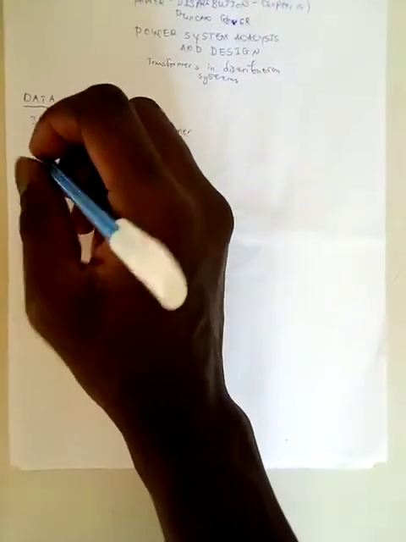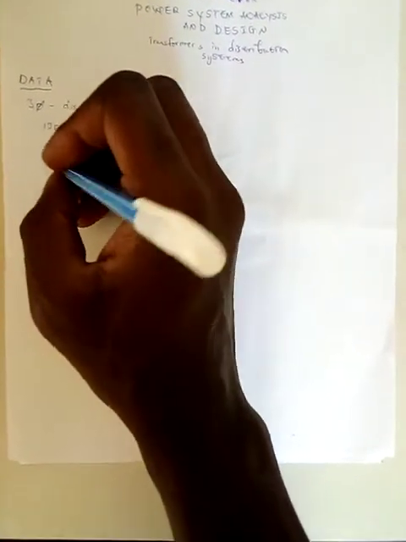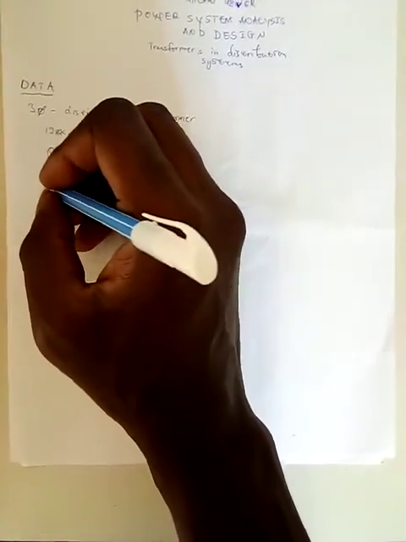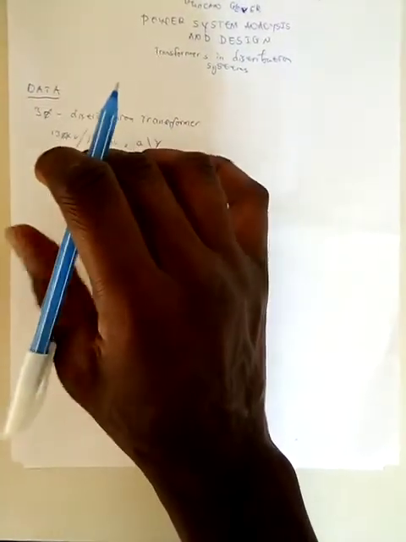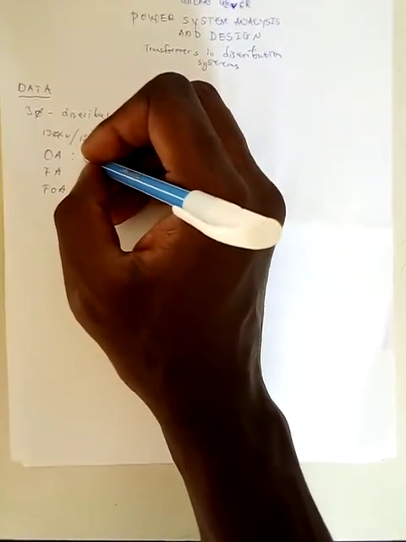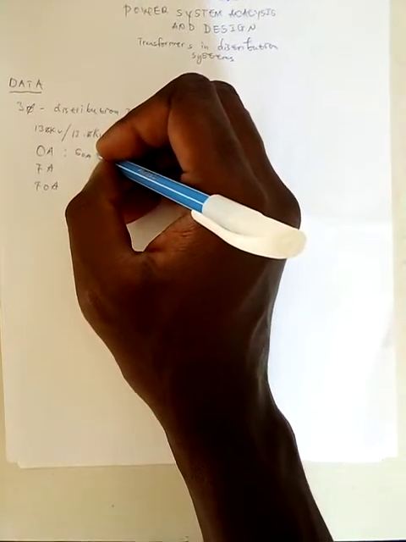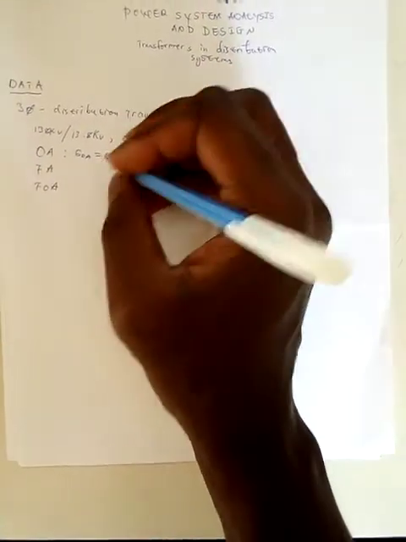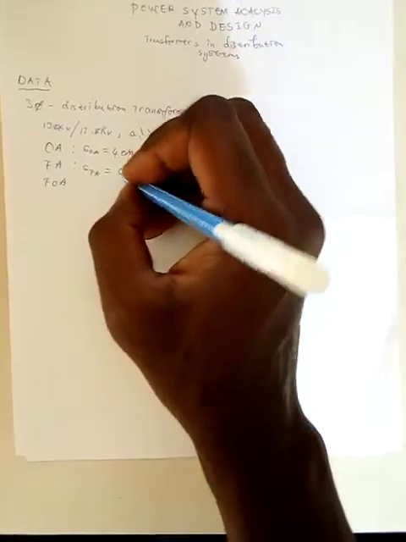Next, we have the different ratings that it has, which is a rating for OA, FA, and of course FOA. So in a second I'm going to explain what this simply means, but for now we'll just collect the ratings. So the rating for OA is SOA, where S is the complex power, is 40 MVA. For FA, its SFA is 50 MVA.